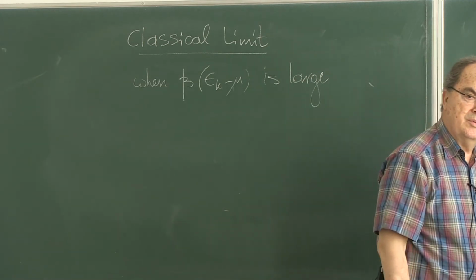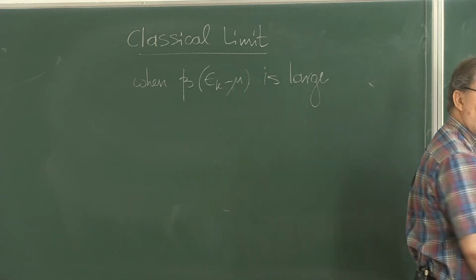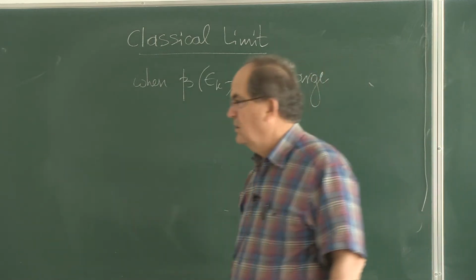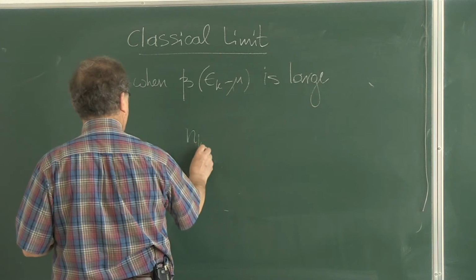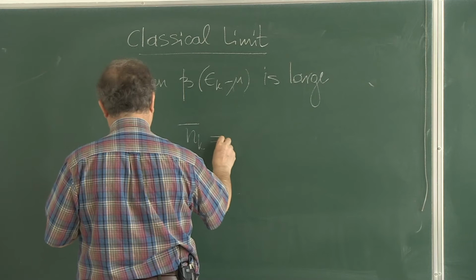Plus 1 or minus 1. 1 is very small compared to a very large number, isn't it? So you can omit that. The difference between fermions and bosons disappears.